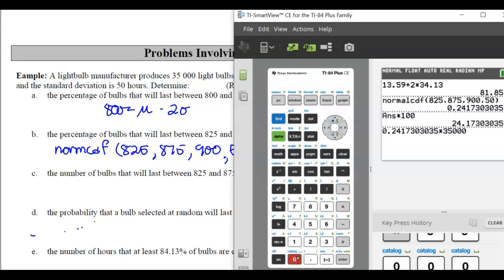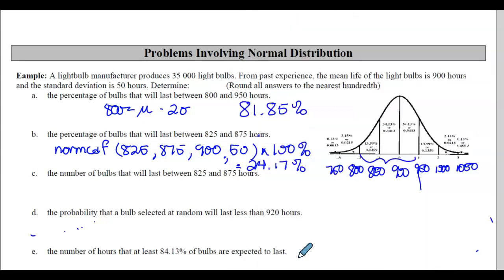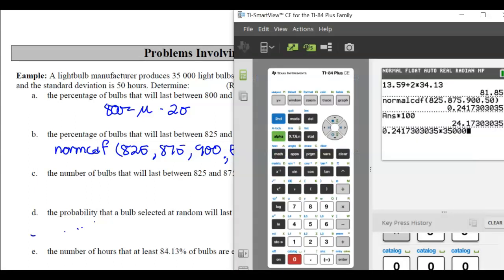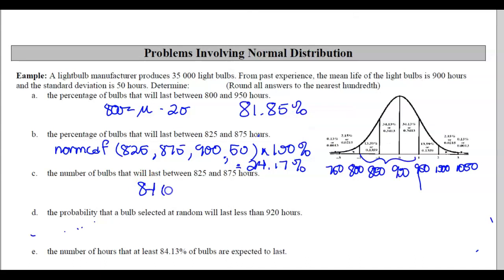Really important that you don't use the rounded version, especially with a big number like 35,000. You won't have the exact answer. So please do not use the rounded version. Go back, multiply by 35,000. Then you can round to the nearest whole light bulb. So 8,461. We'll just use regular rounding rules. It's a light bulb and a part of a light bulb, so we'll round to the nearest whole number.